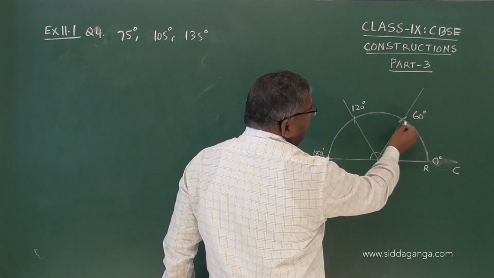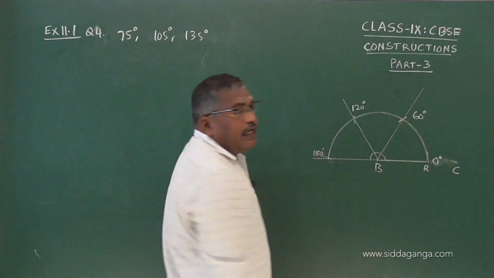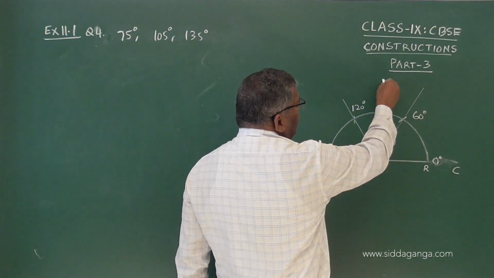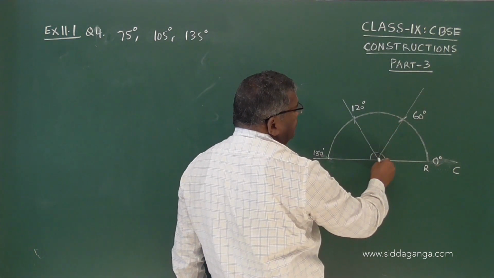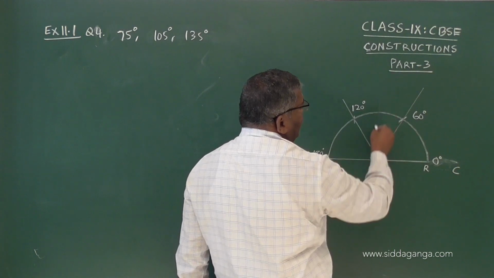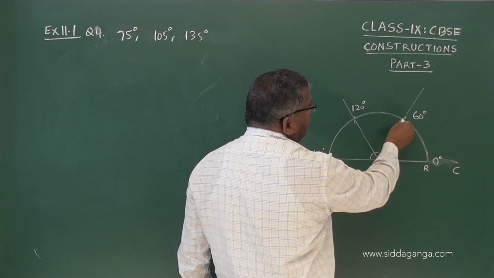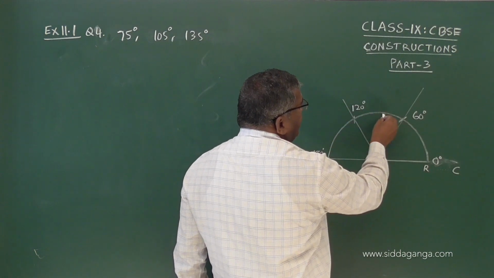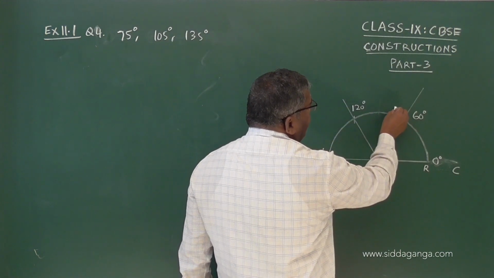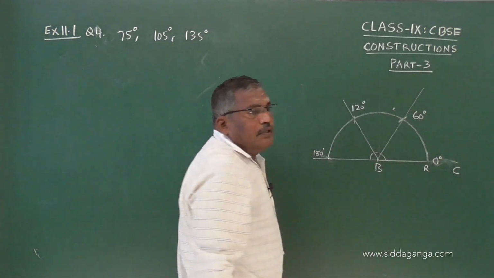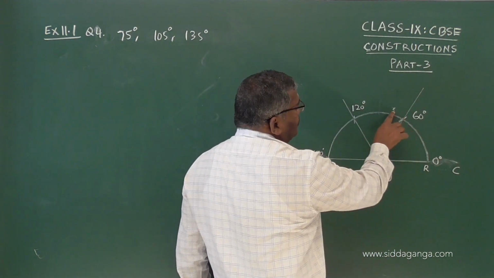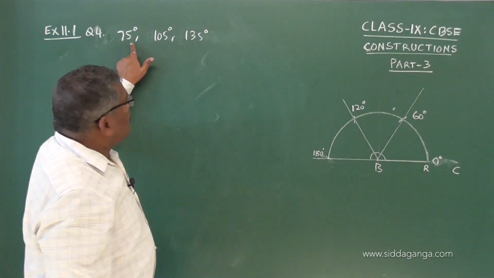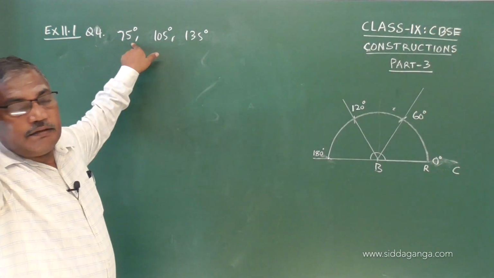So up to here we have 60, another 15 we have to add. So for that what you have to do is, we have to construct a 90 degree line. If you construct the 90 degree line, from here to here, it is 60 and 120, 30 degree, and if you divide this, you will get a 15 degree line. So that is 60 plus 15 will be 75. So that is how you will get 75 degree.